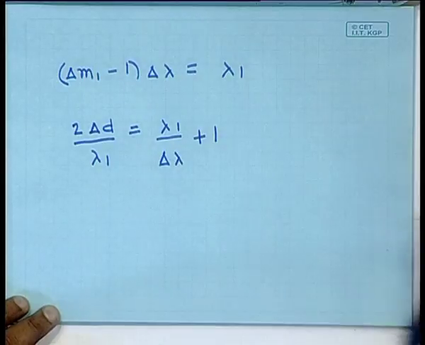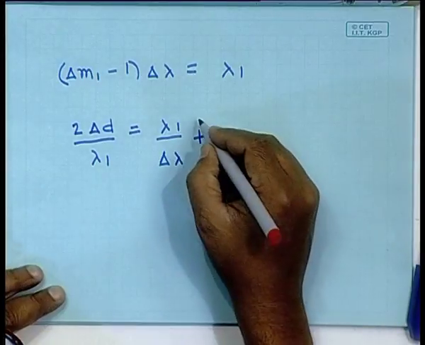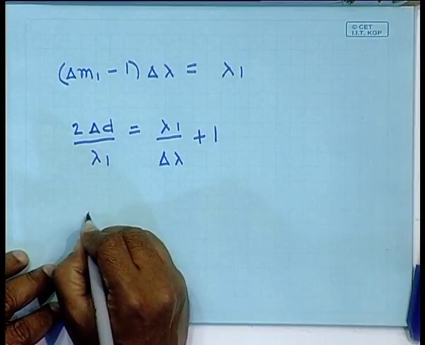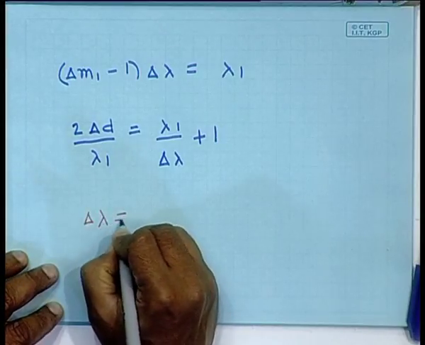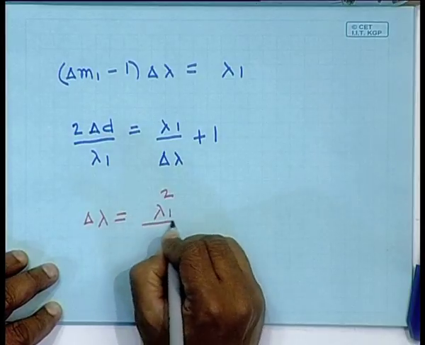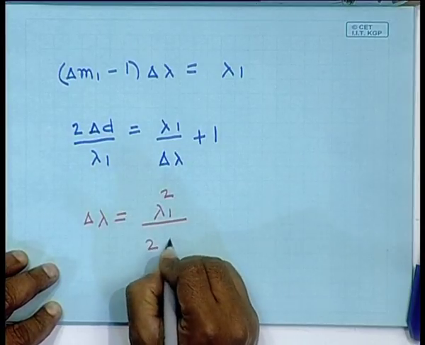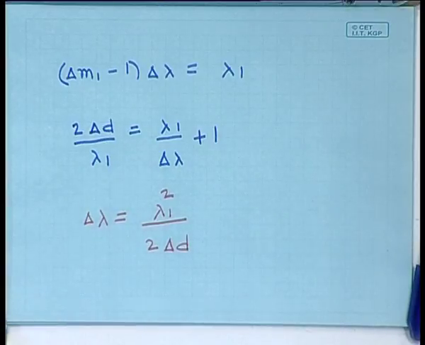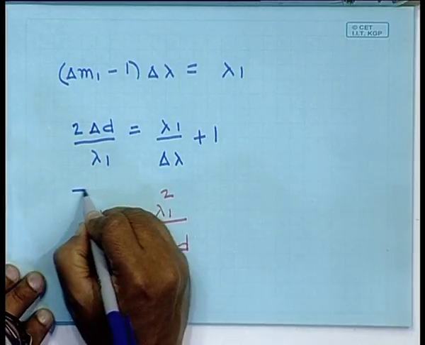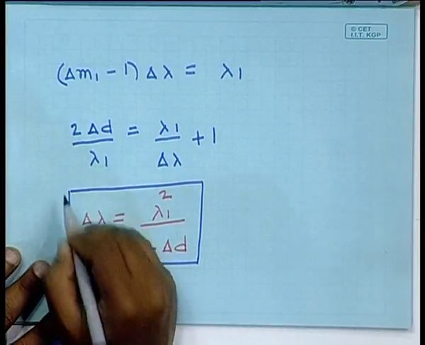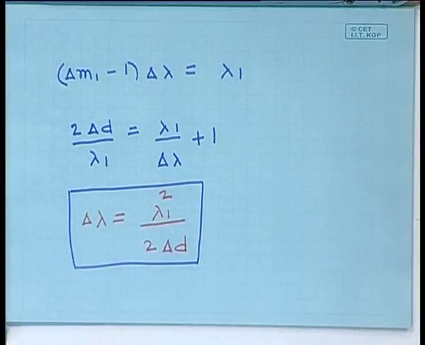So, we can forget about this term 1 over here, and what this tells us is that delta lambda is equal to lambda 1 squared by 2 delta d. So, this is how you can determine the difference in the wavelengths of the two spectral lines which you have in your light.